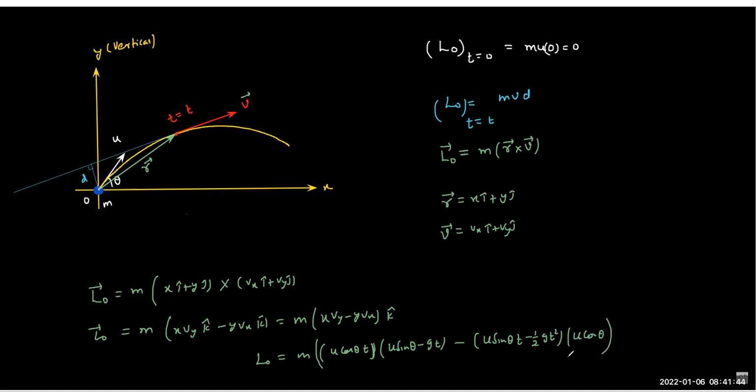And now you need to rearrange and probably solve this part. I hope you can do this part. So can someone simplify this part and tell me the final answer? And you can see clearly that the angular momentum is a time-dependent variable.